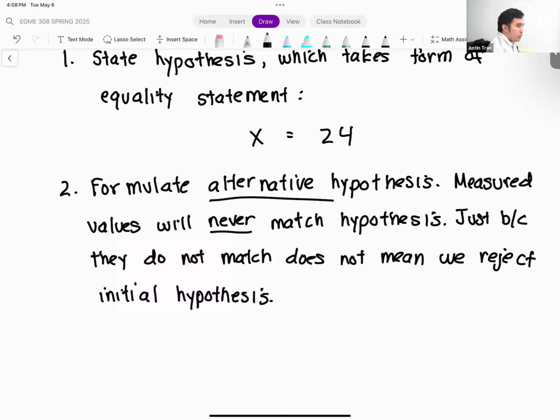And so the purpose of the alternative hypothesis is you can think of it as the criteria in which we're going to reject our original hypothesis.